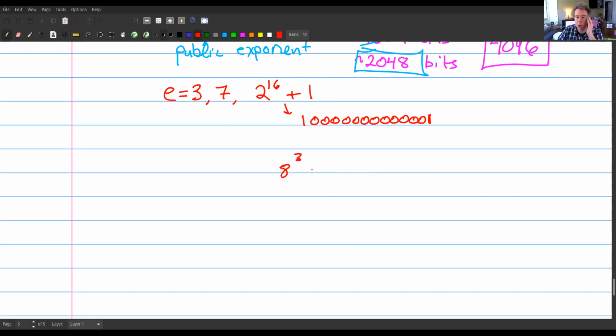If this were 8 cubed or something mod n, then the mod n doesn't do anything. This is still just 8 cubed, and somebody could take the cube root of that number, and that's not a good thing. So that's why that particular number often shows up as an exponent. I probably tried to explain that too early.